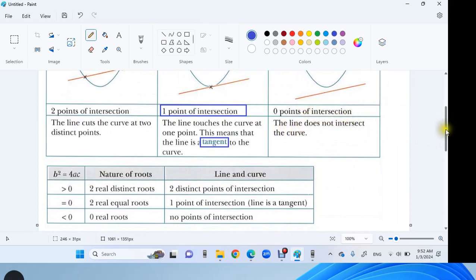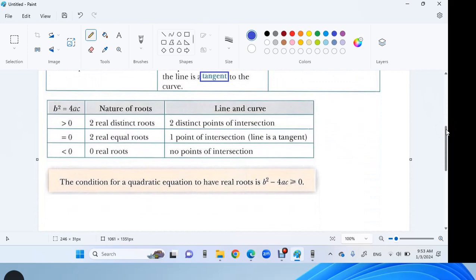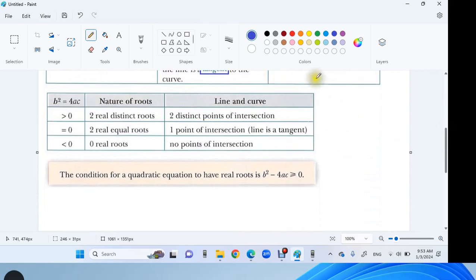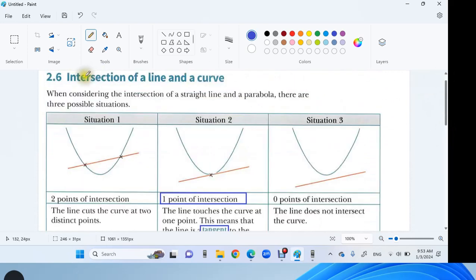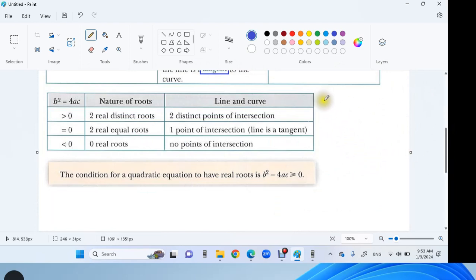This one is something similar to 2.5. We look at b squared minus 4ac, which is the nature of the roots. If it is greater than 0, then two real and distinct roots, and the line and curve have two distinct points of intersection.